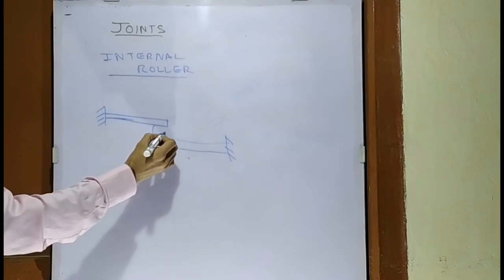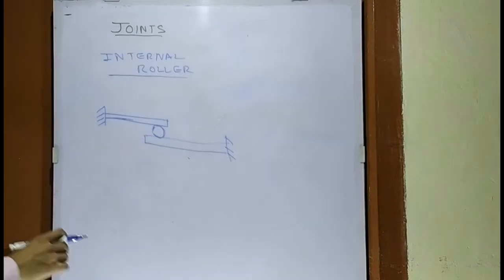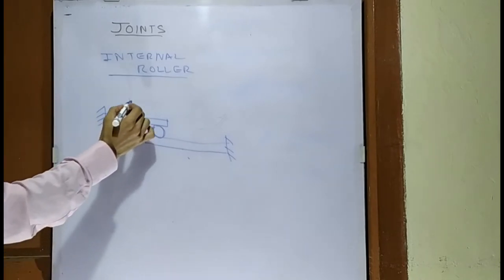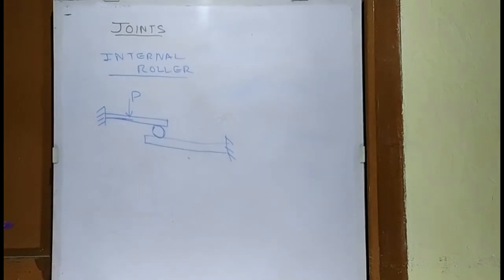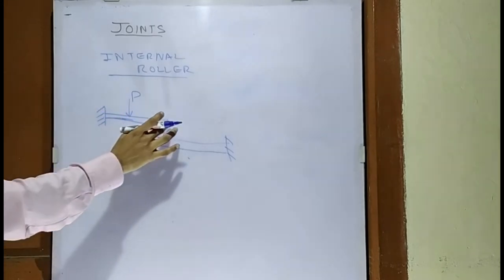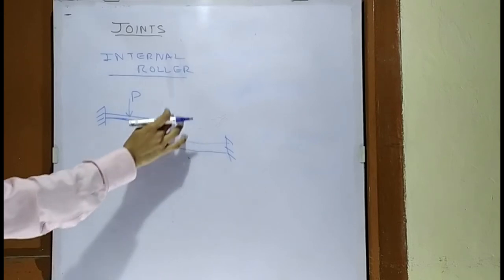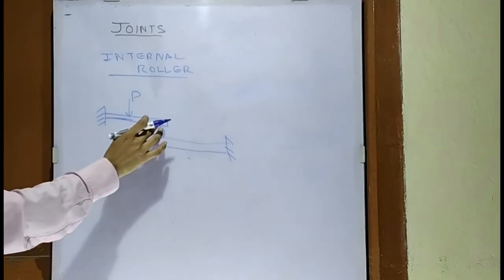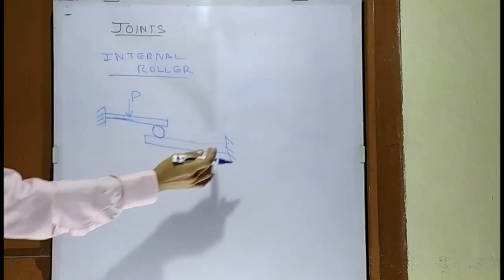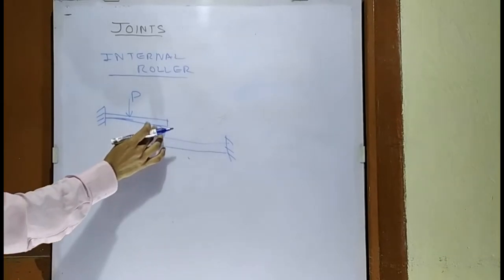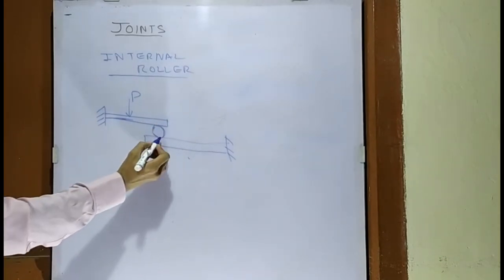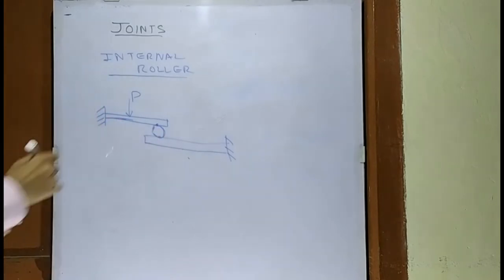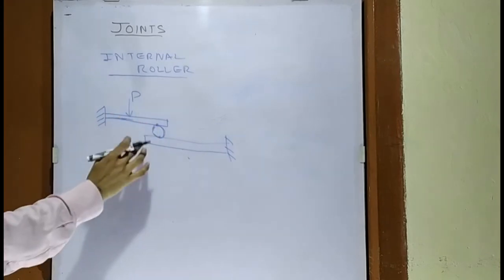If we provide a roller here like this and apply a load here, this beam at this joint will try to deflect because we have applied the load. But there is also a beam which is fixed at this point. So between these two beams at this point there will be force transfer. So this roller will provide only force transfer.